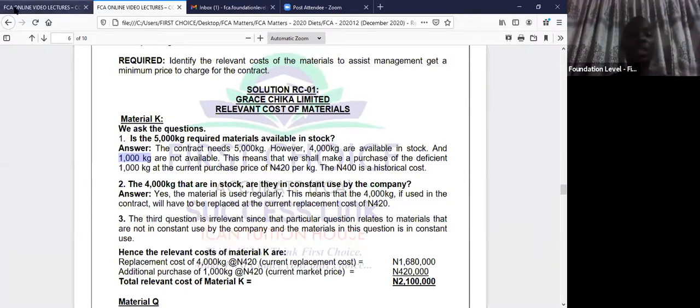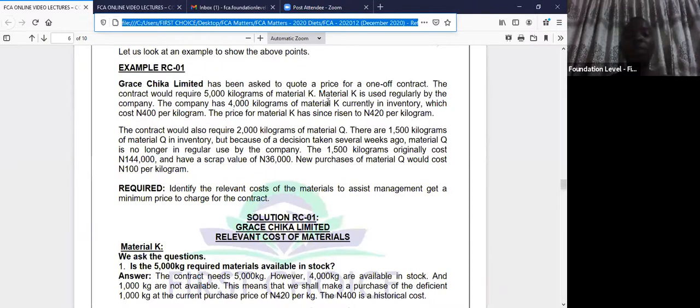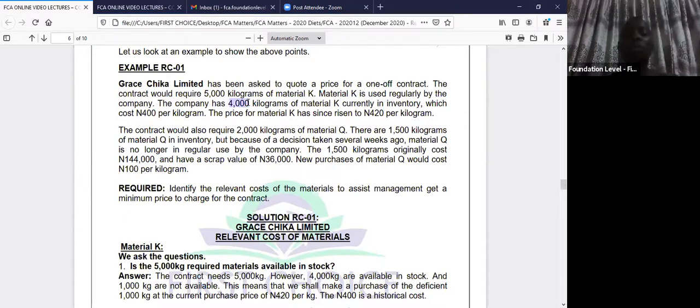The question says the price for material, the company has 4,000 kg of material K in inventory, which cost 400 naira per kilogram. It means as at when they bought this 4,000 kg, they bought it at 400 naira, and that's a past cost. They say the price has risen to 420.